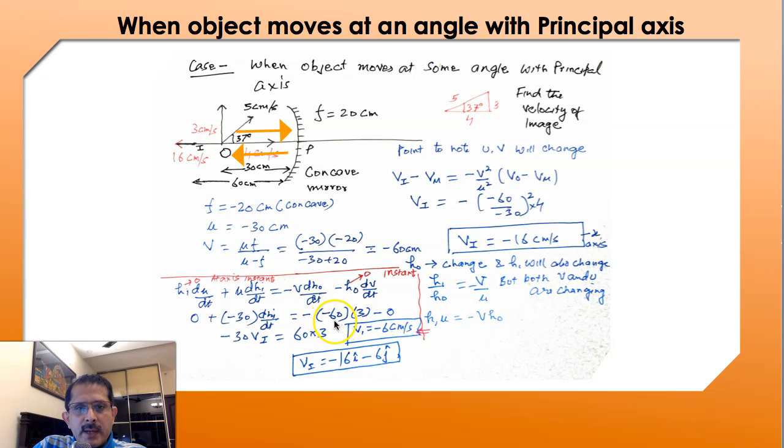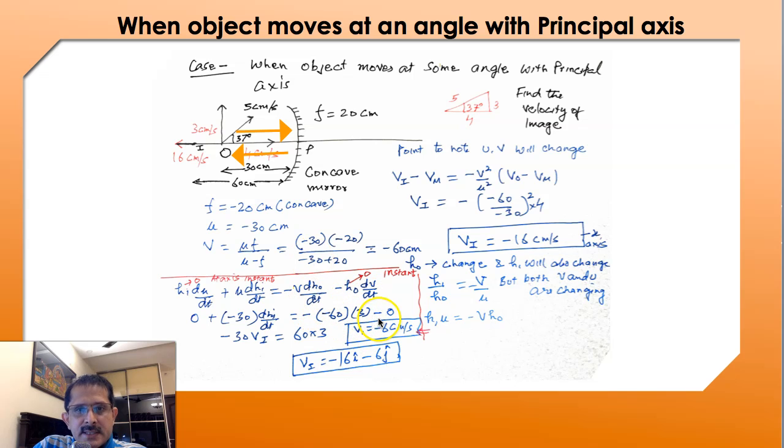Now coming on the right hand side, here we are putting dho by dt. So what is dho by dt? They have given it as 3 centimeter per second, the velocity of the object in vertical direction. So this is 3.